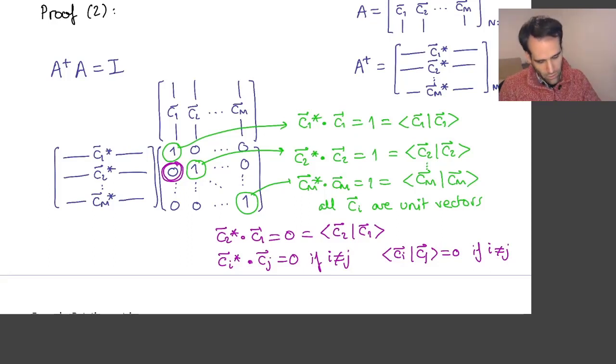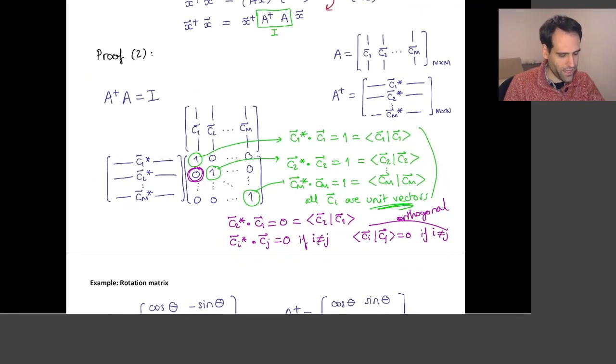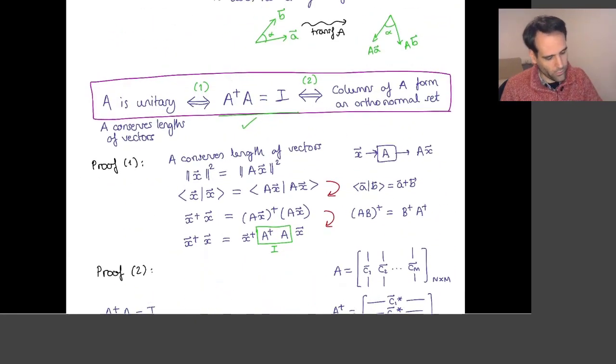So on one side we know they are unit vectors, and on the other side we know that they are orthogonal. Therefore, if we combine those two things, the columns of the matrix A must be an orthonormal set. And that finalizes the proof.